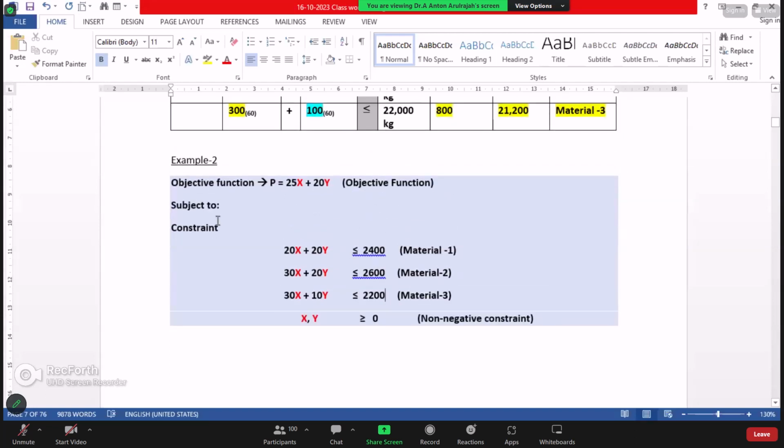So can you see these examples? Yes, sir. Right. Please, the same way you start the table and complete it and say the solutions.